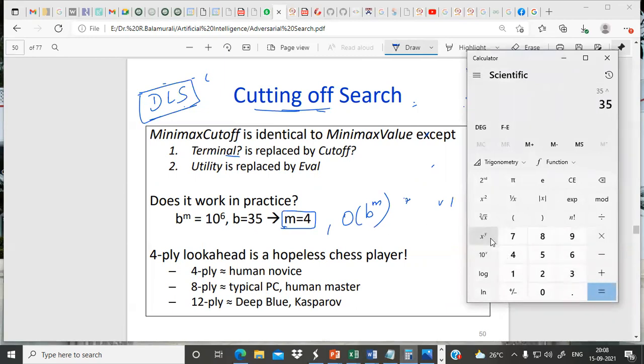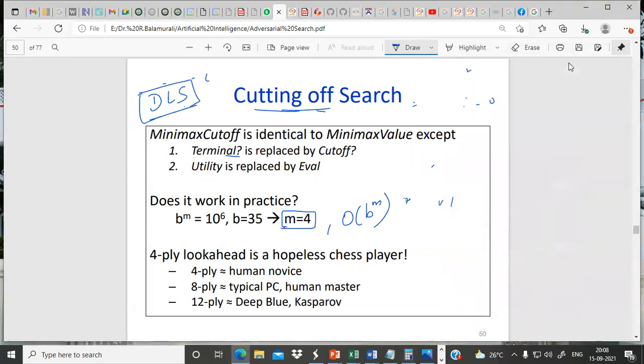So it is 35 to the power 4, which is 15 lakh 625. If you go up to level 4, then you will have this many states. But this is solvable by a computer. With m equal to 4, it is typically solvable by a computer.